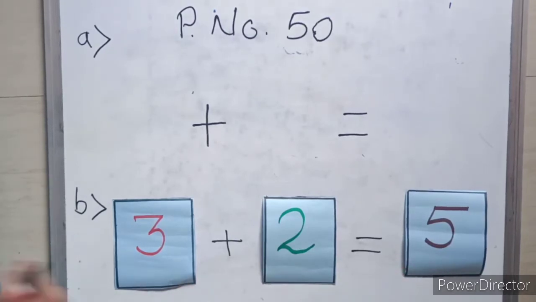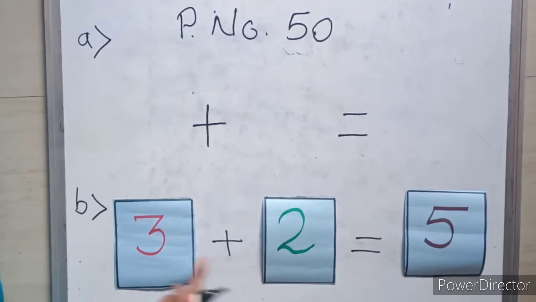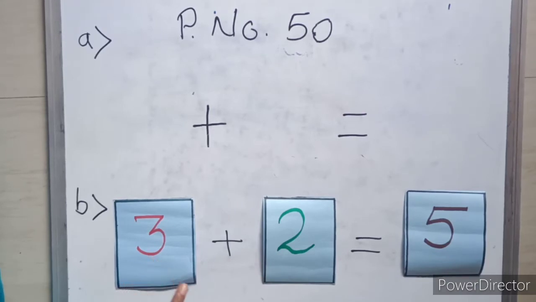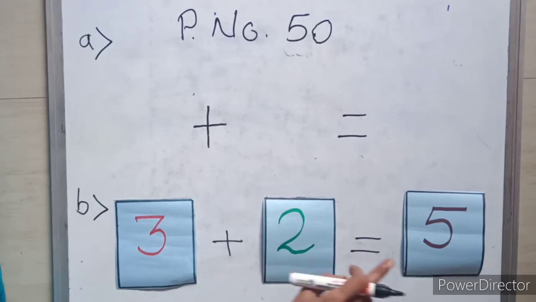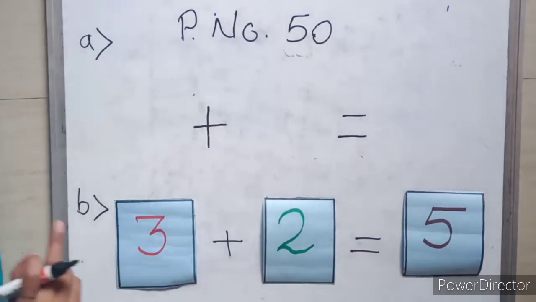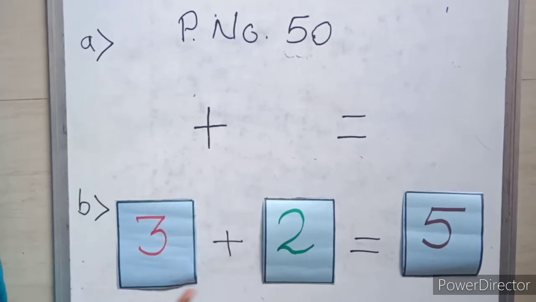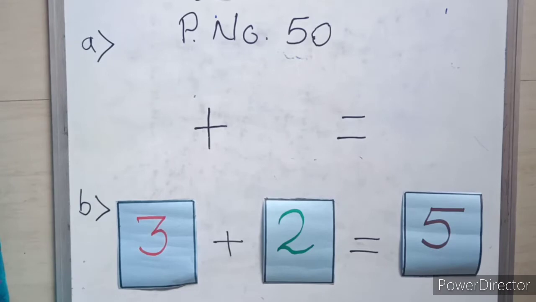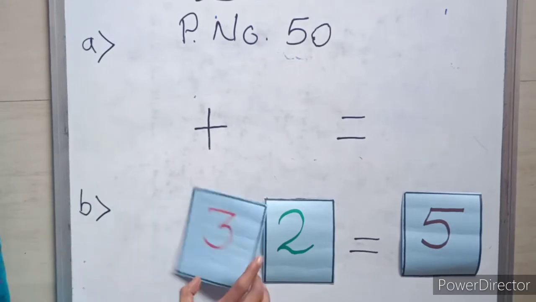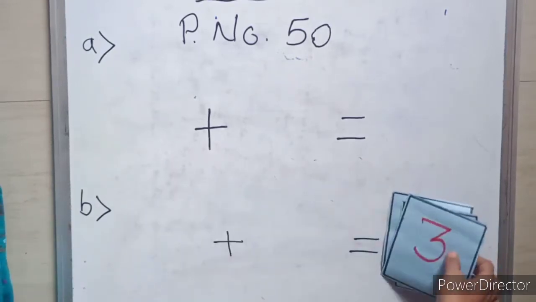First we added 2 plus 3 and then we added 3 plus 2. Both times the answer is 5 only. If you add 2 plus 3, the answer is the same, and if you add 3 plus 2, then also the answer is the same. Again we will see one more example.